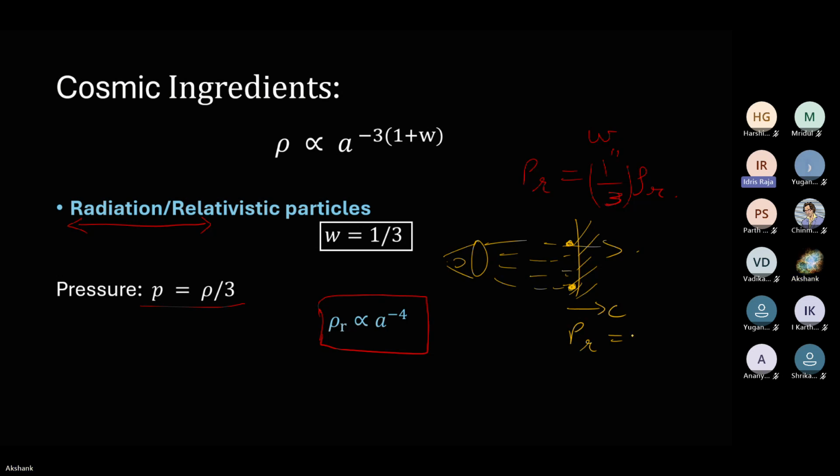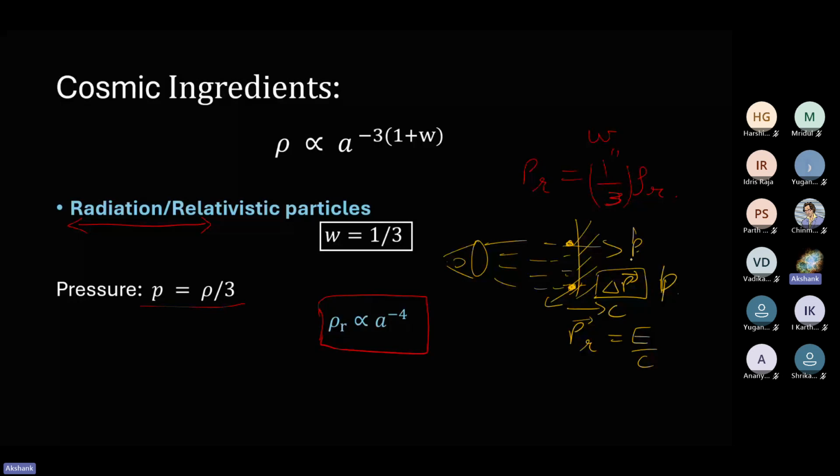E by c, right? That's the momentum of radiation. When this radiation hits and reflects, it causes a change in momentum, and because of this change in momentum, it causes a pressure. Unfortunately they are both P's, so let's keep it small p.